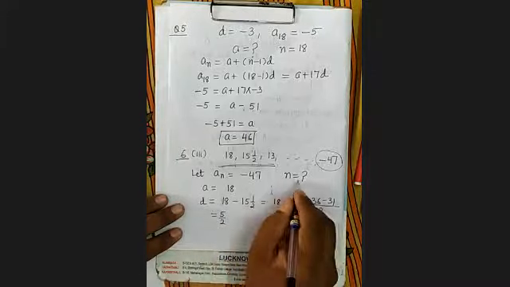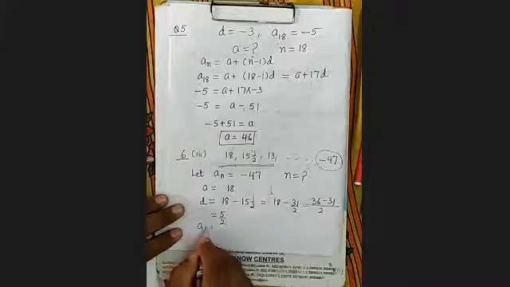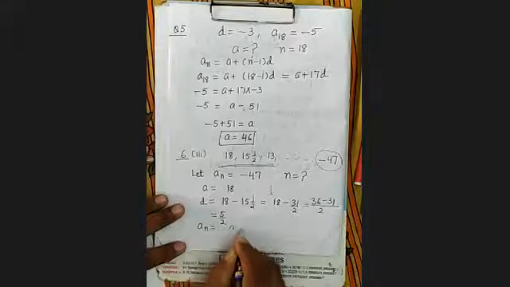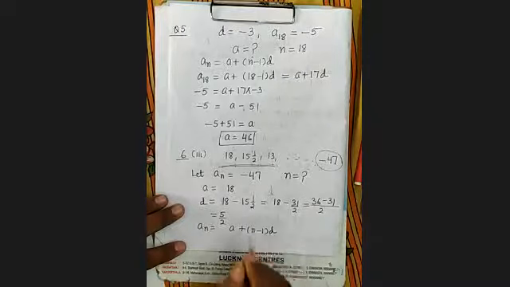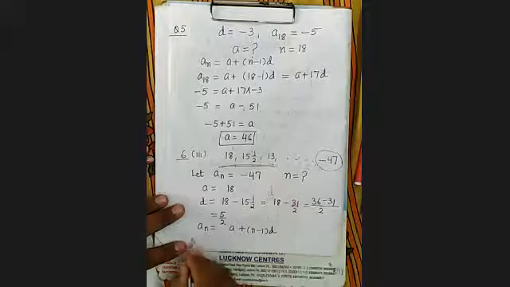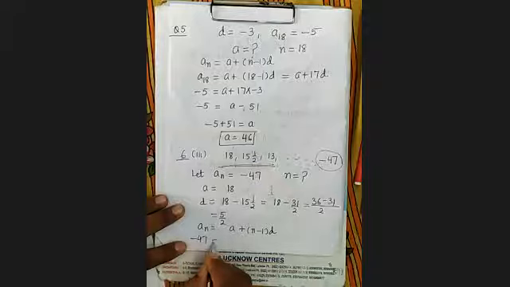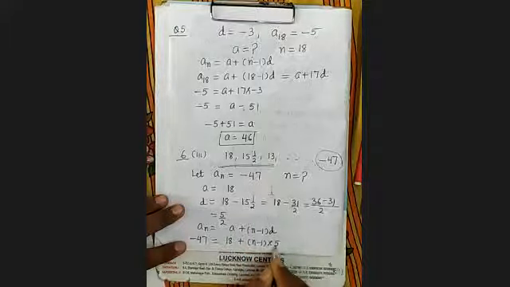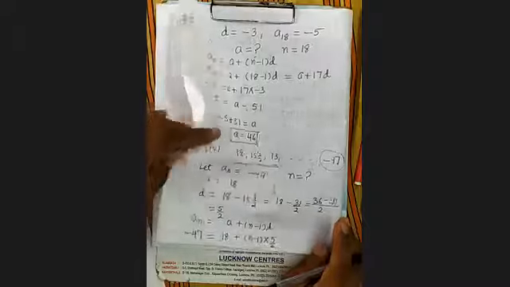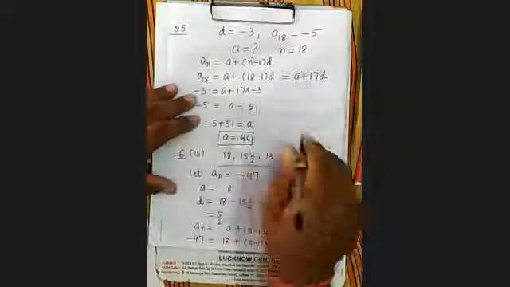So you have to find n. So you use this formula An equals A plus (n minus 1) into D. An is minus 47, A is 18 plus (n minus 1) into D, which is 5 upon 2. So you further solve this. I am solving here.